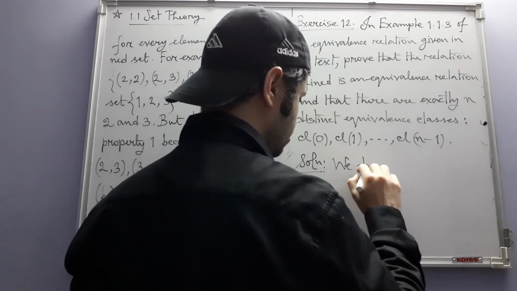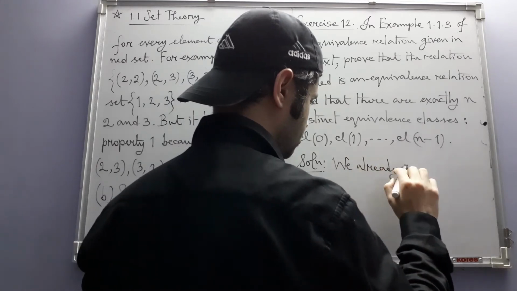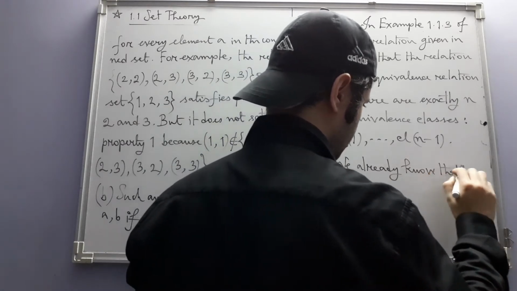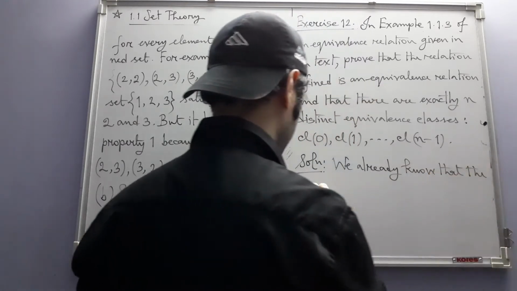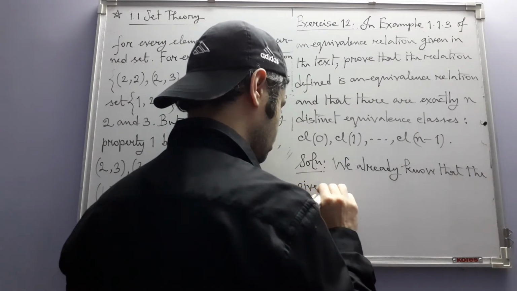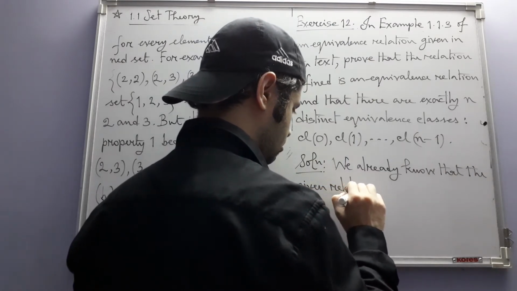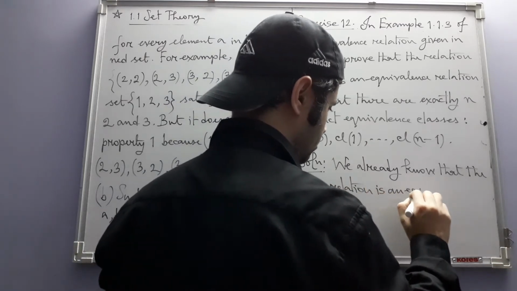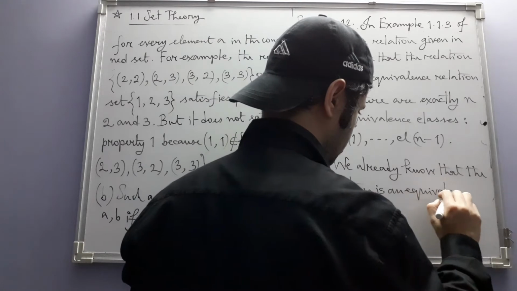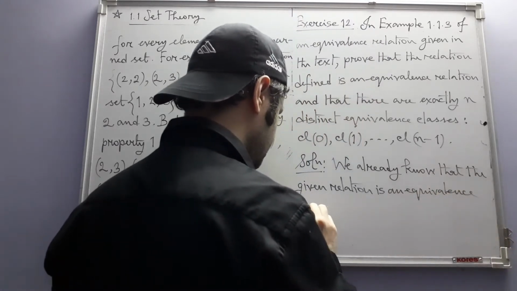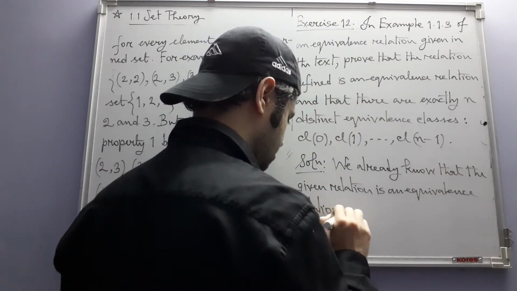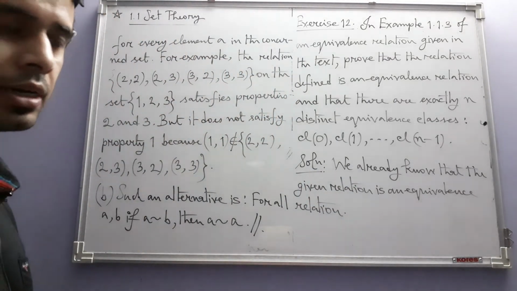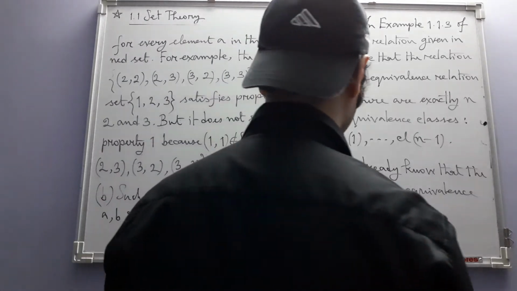We already know that the given relation is an equivalence relation. Okay, so we will now show that these are the equivalence classes.